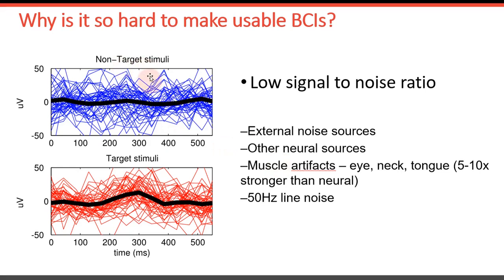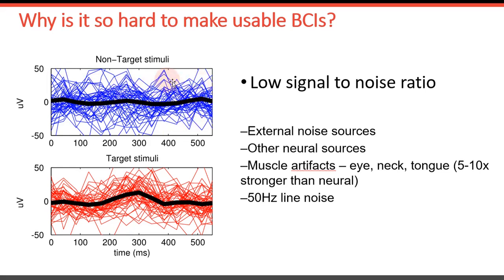For instance, if we compare here an example of the event-related potentials, the brain signal patterns between non-target and then target stimuli, we see the average ERP response is quite weak. So in the background we see a lot of trials.